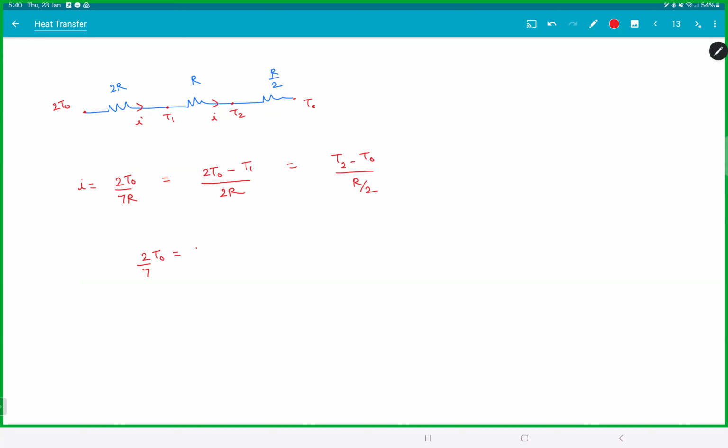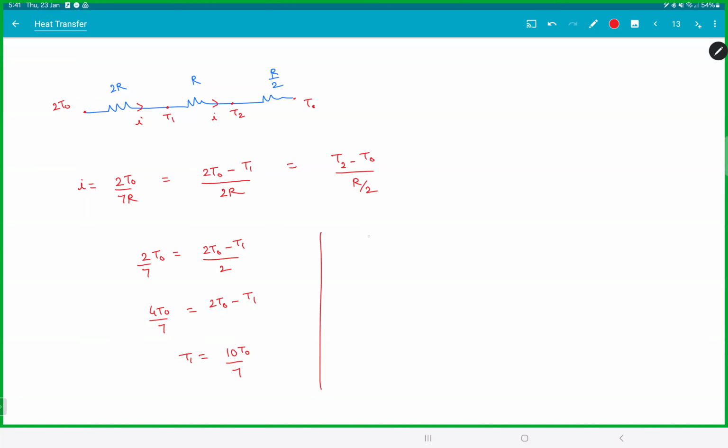2 T naught by 7 was 2 T naught minus T1 by 2. 4 T naught by 7 is 2 T naught minus T1. Therefore, T1 will be 14 minus 4, 10 T naught by 7.